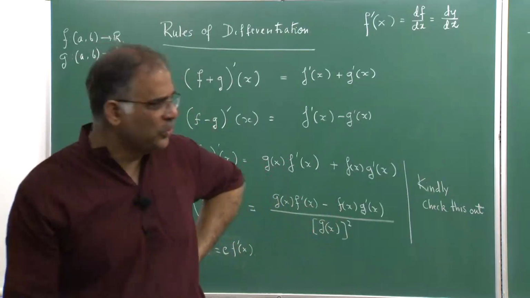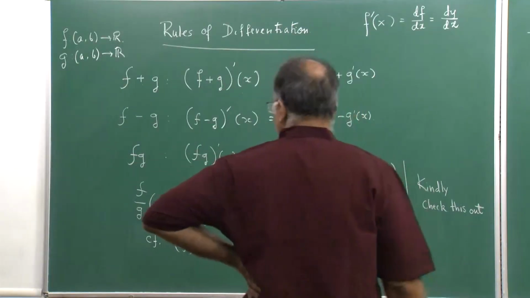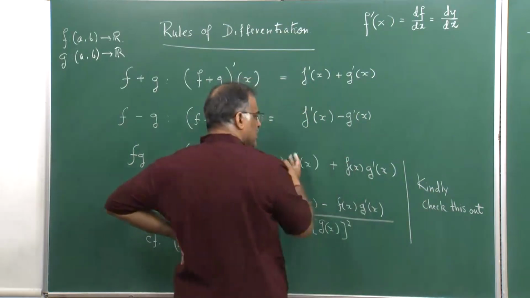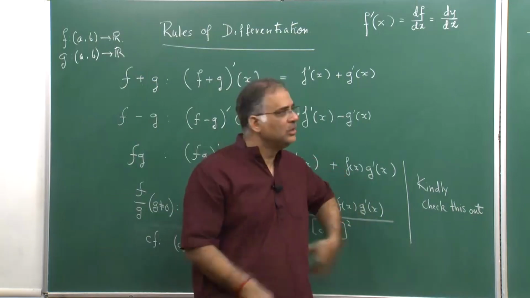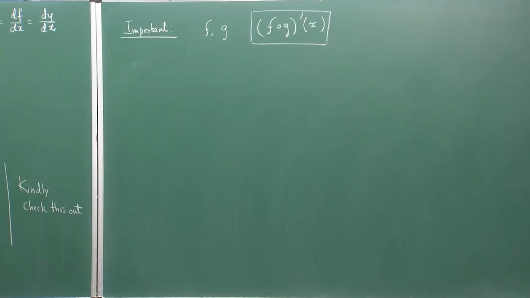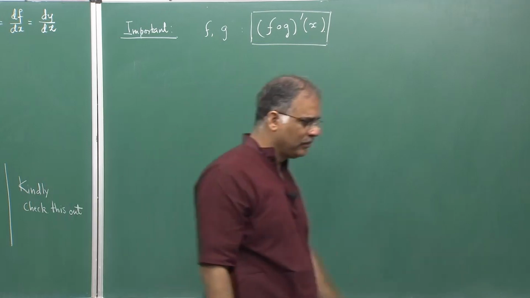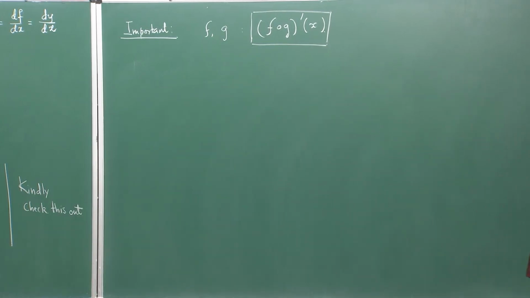Yes, this is the chain rule, but the same ease with which you will prove this, you will not have in proving this, and you need to be slightly careful when you talk about this problem.